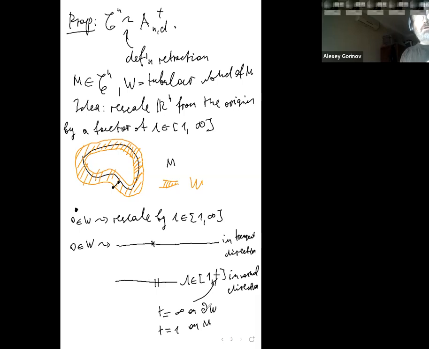Basically, the closer I get to M, the less I rescale in the normal direction.